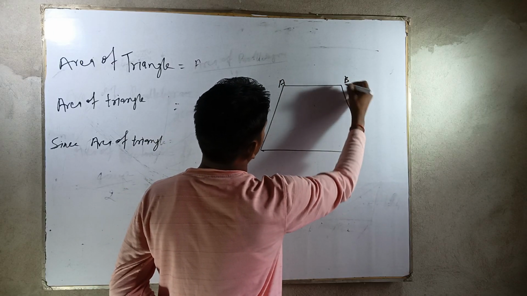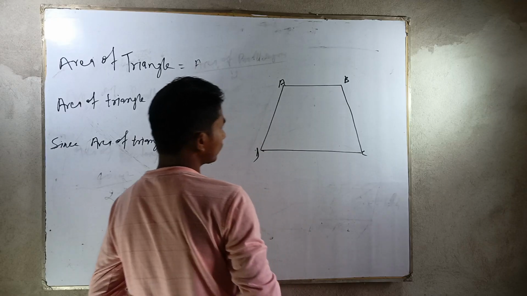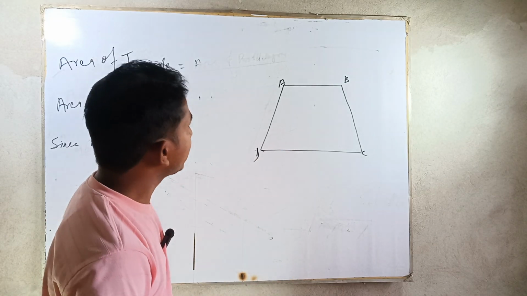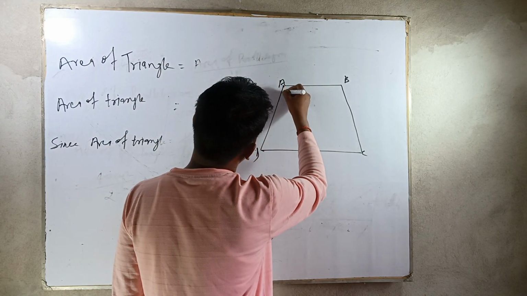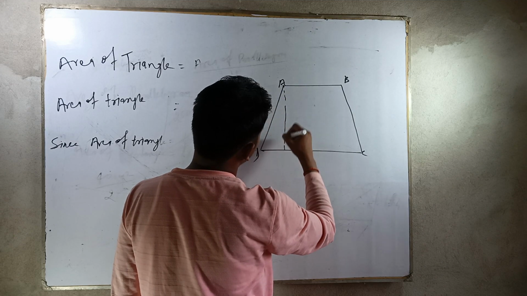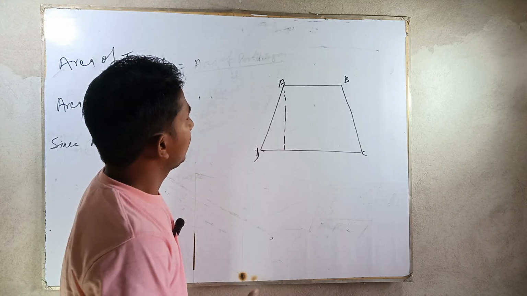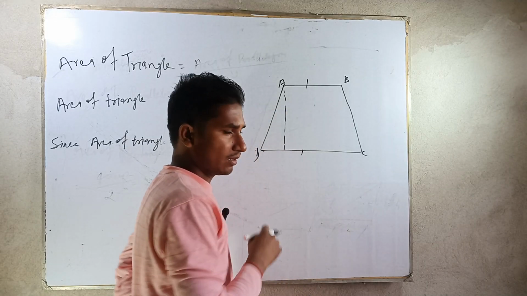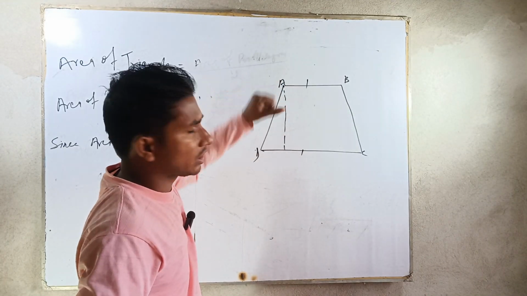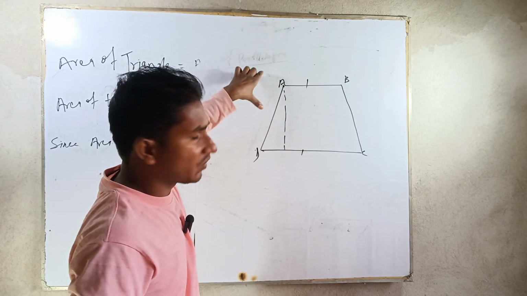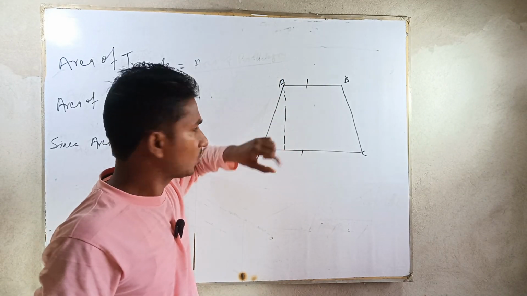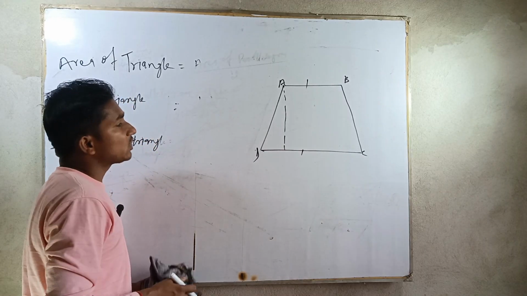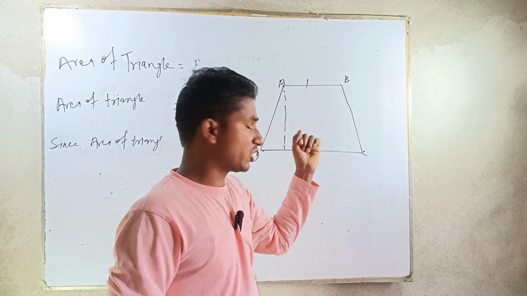A, B, C, and D. So what I see in this figure is that this one and this one are parallel. Both are parallel to each other. If in a figure two line segments are parallel to each other, that is called a trapezium. So the figure is called a trapezium.